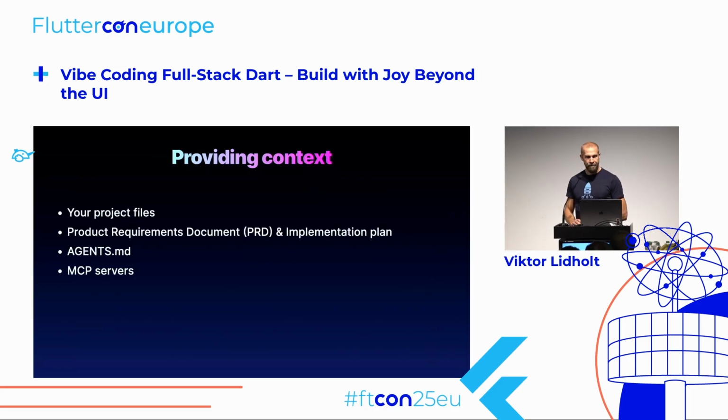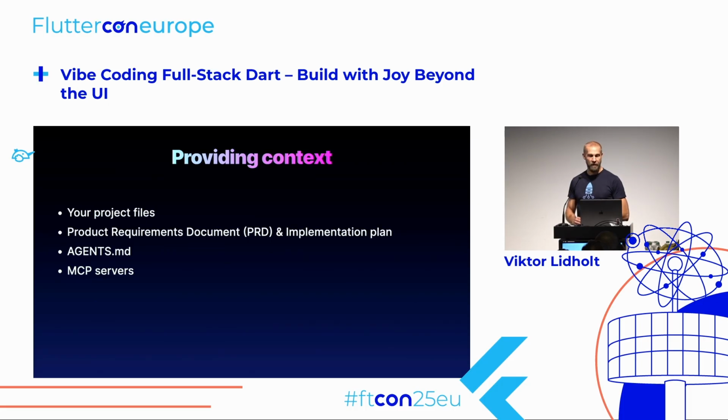There are a couple of ways we can get the context to our agents and to our LLMs. And that's through our project files. The agents will very often look and search your project and see what you've done before and sort of imitate that. And that's great because it helps us get code that looks more similar to the stuff we've done before. We can also work with something called a PRD, which is a product requirements document and an implementation plan.